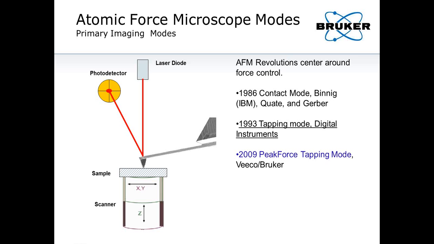Let's say if your finger comes to the nose, your finger will lift, so it follows the ups and downs. If you record the position of your fingertip, then you will map out the contour of the face. Of course, you scan point by point and line by line, you do a raster scan, and you record the position of the fingertip.